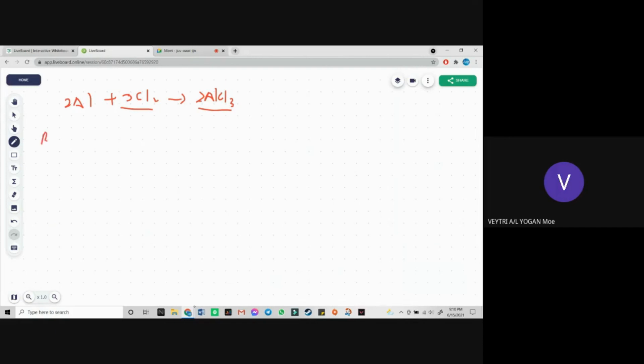Now, you have to do another stoichiometric equation to find what is the amount of product formed. Let's do based on equation: 3 moles of chlorine produces 2 moles of AlCl3. Cari dulu limiting reactant guna stoichiometric equation, lepas tu guna limiting reactant cari amount of product form.